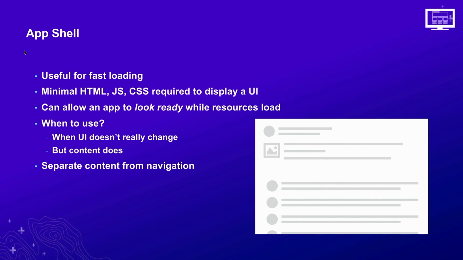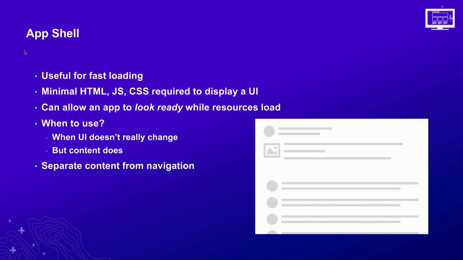Very minimal amount of HTML, JavaScript, and CSS just to display the page, get things going, load the resources you need, and then actually display some real data. So you want to use this when the UI doesn't change very often for the initial page your user is going to get. You could do something really cool if your page is completely map-based. Maybe you want to display a picture of a map.